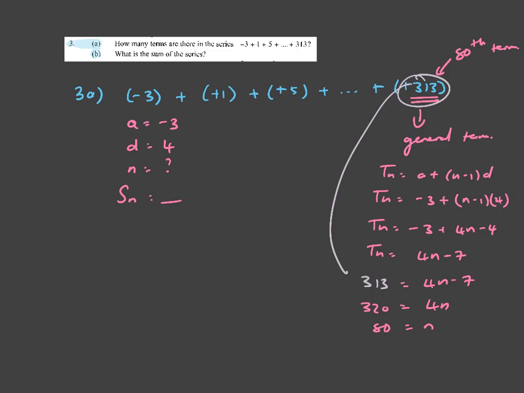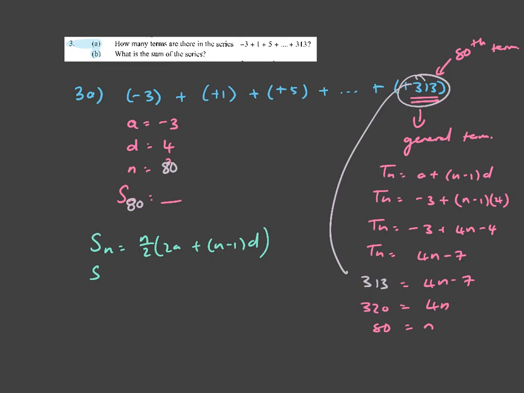So now we know what n is, that's 80. We're going to find the sum of 80 terms. Good. Let's go for it. We've got Sn is equal to n over 2 times 2a plus n minus 1 times d, right?